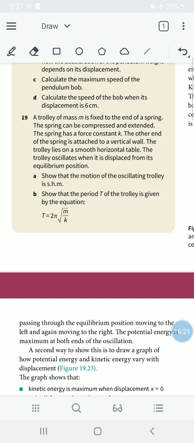A trolley of mass M is fixed to the end of a spring. The spring can be compressed and extended. The spring has a force constant K. The other end of the spring is attached to a vertical wall. So it might help you to draw this as a diagram. When you draw it as a diagram and refer to all the equations, try to understand the details that have been given.